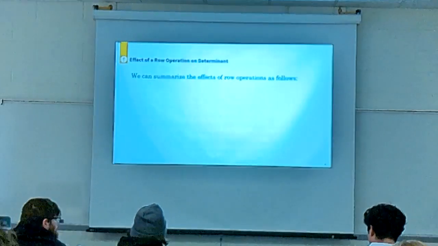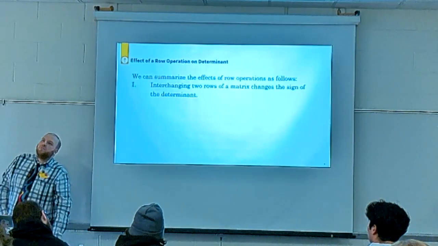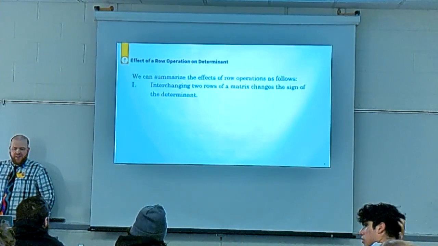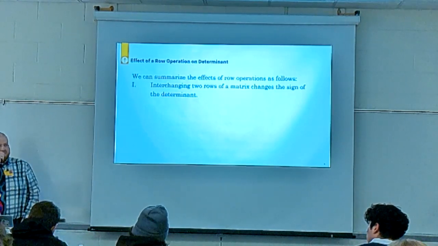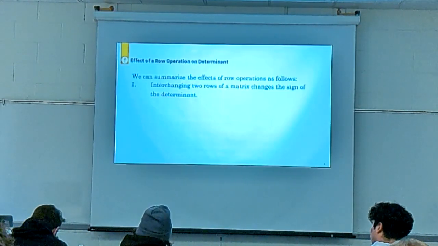So we can summarize this. Interchanging two rows of a matrix changes the sign of the determinant. So if you swap two rows in a matrix, the determinant gets multiplied by -1.